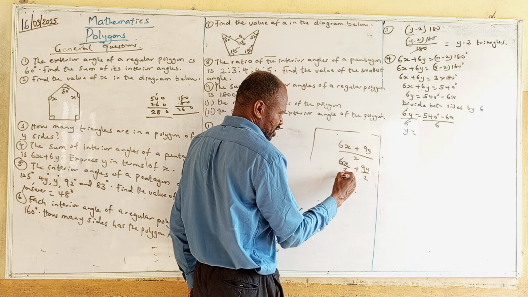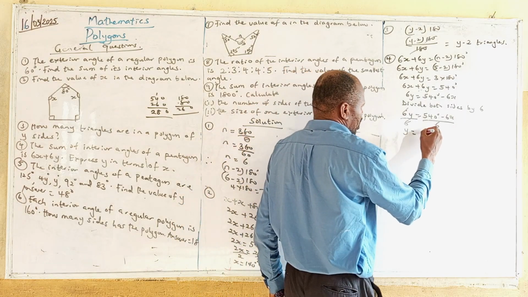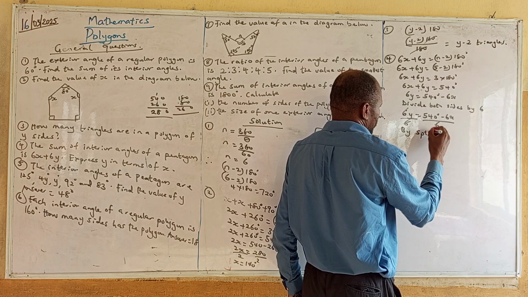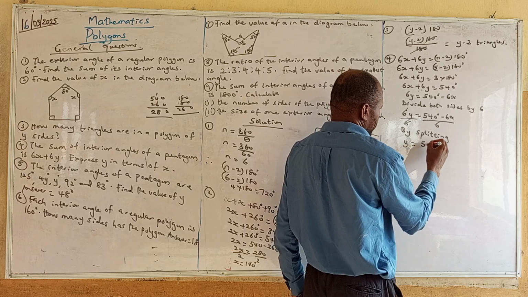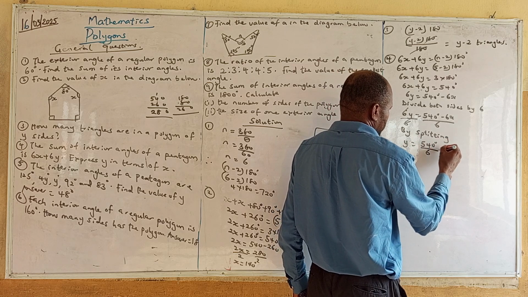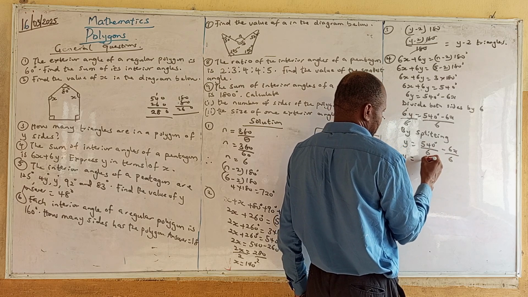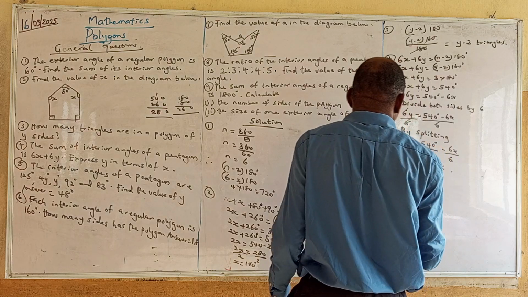So you now have it as 3s plus 9y over 2. The same way here, I can now split. By splitting, I will have y will now be 540 degrees over 6 minus 6s over 6. So y will now be 90 degrees minus s. So that will be the value.